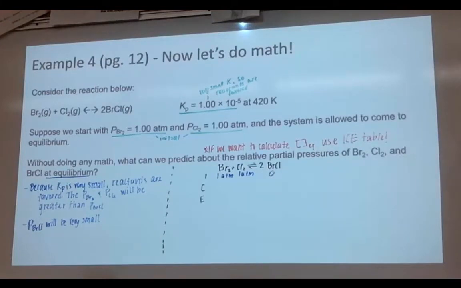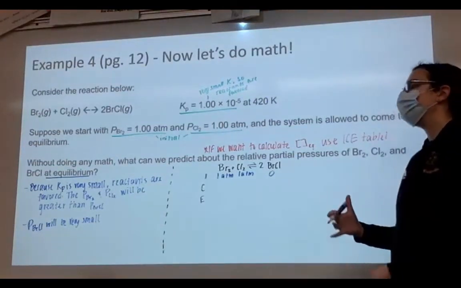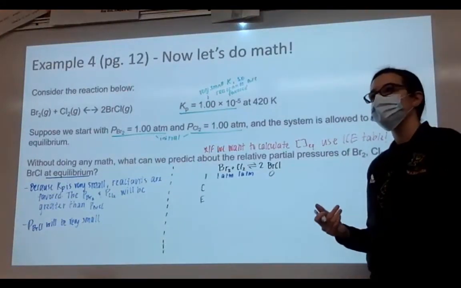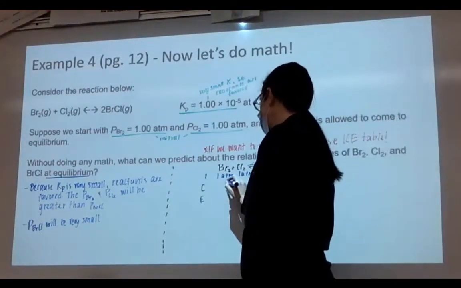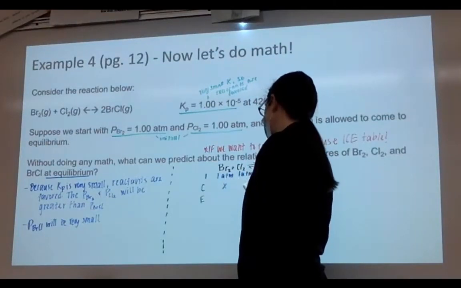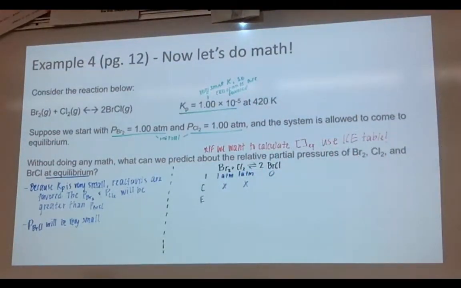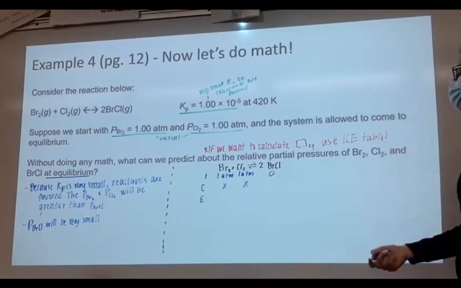Now, we have nothing else. We have no other concentrations, no other pressures, amounts, anything. So we're going to use X. Now, the change row is still based on stoic. I'll worry about the pluses and minuses in a second.